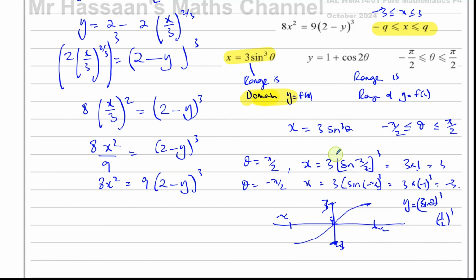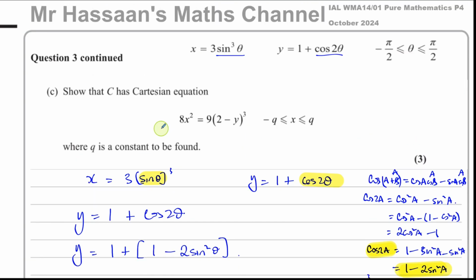Cube minus 1, you get minus 1. If you cube any fraction between them, it's always going to be smaller in magnitude than 1. Then you multiply by 3, and you get 3 and minus 3. So the range is going to be between minus 3 and 3. So there's your answer to question number 3.